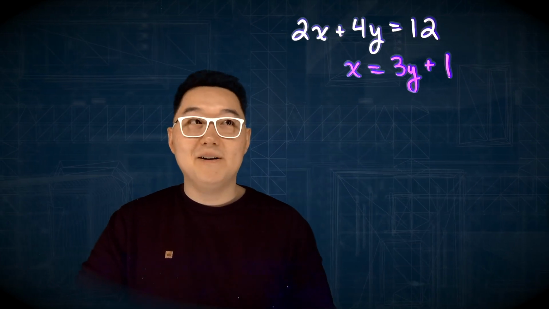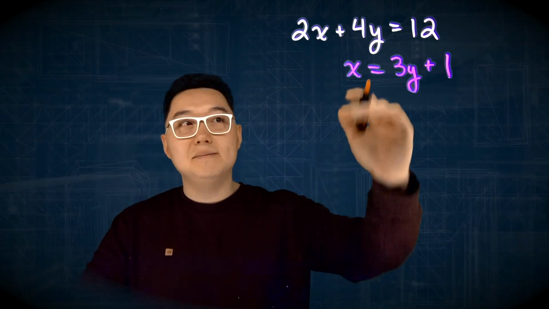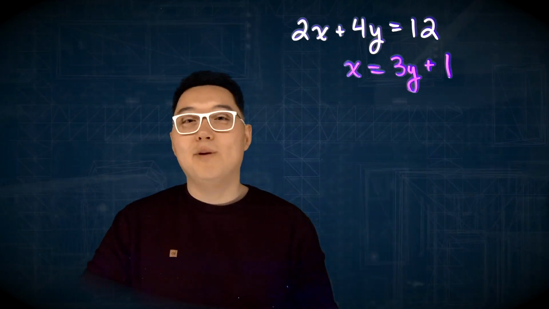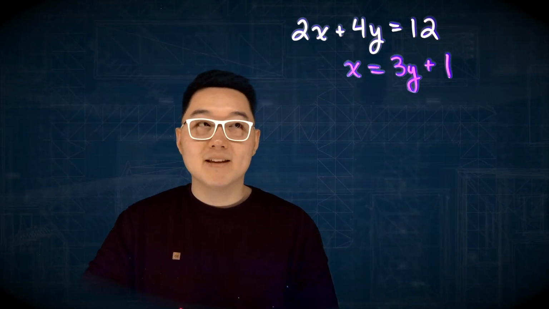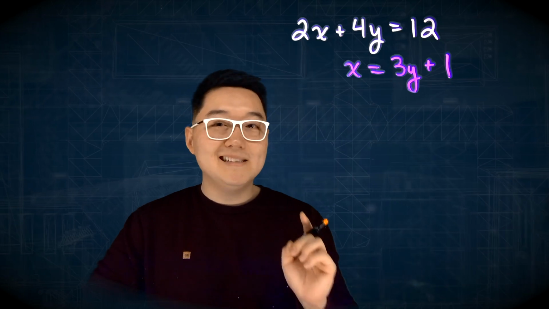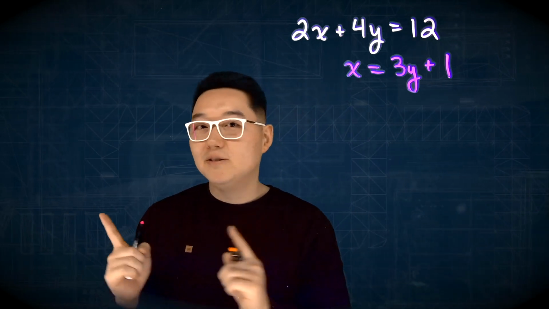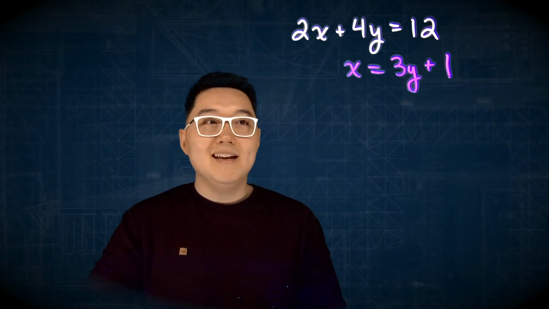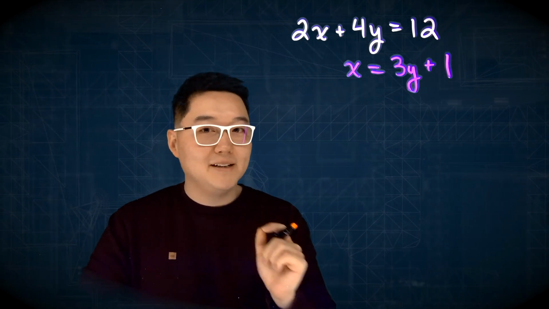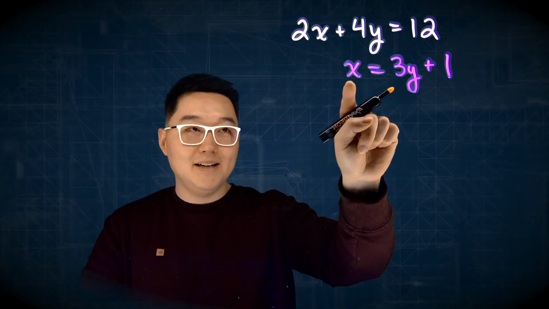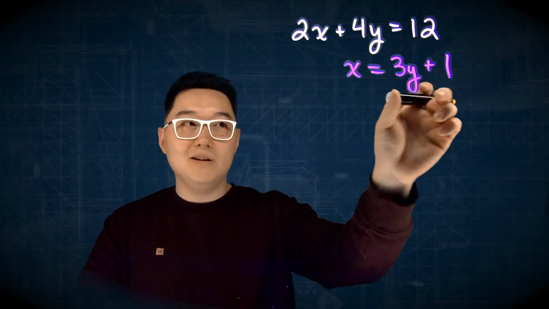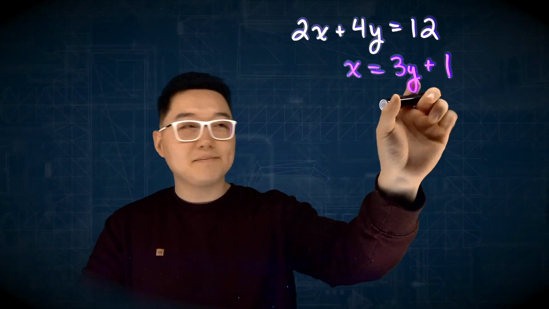Okay, so now here's another example of a system of two linear equations, and we're going to use the substitution method to find the solution. Now, this example is slightly different than the previous two examples we just saw. Instead of the variable y being already isolated, we now see variable x being isolated. x is equal to 3y plus 1.